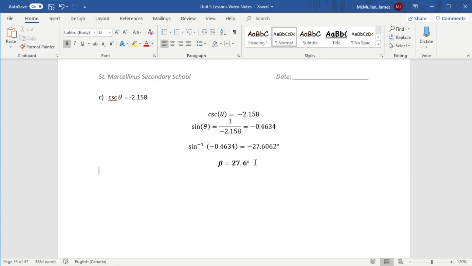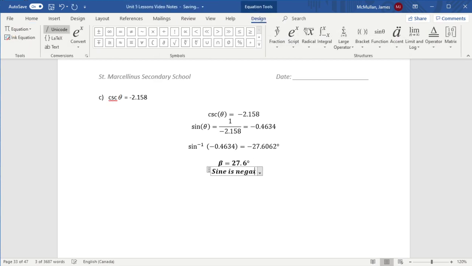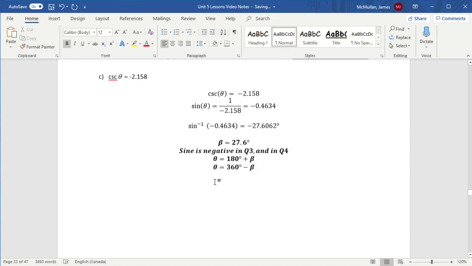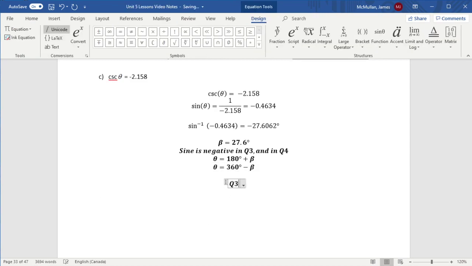Now, I also know that sine is negative in quadrant 3 and in quadrant 4. Therefore, I have two answers. I have a quadrant 3 answer, which is 180 degrees plus beta, and I have a quadrant 4 answer, which is 360 degrees minus beta. Okay, and therefore my two answers, so my Q3 answer would be, okay, let's see if I can do this, 152.4 degrees.